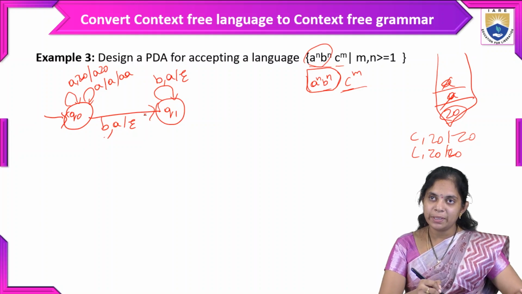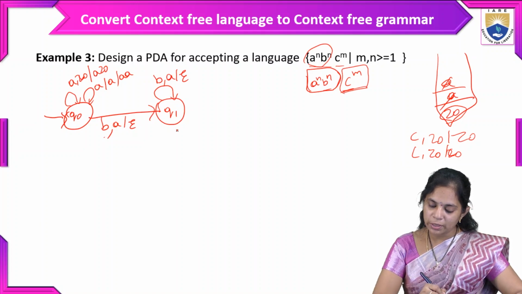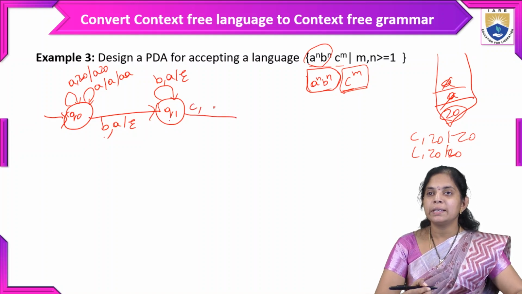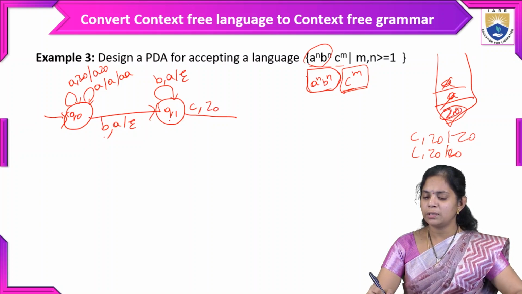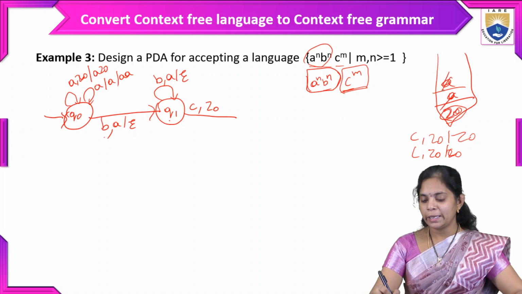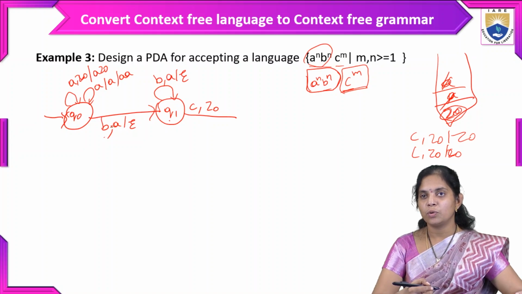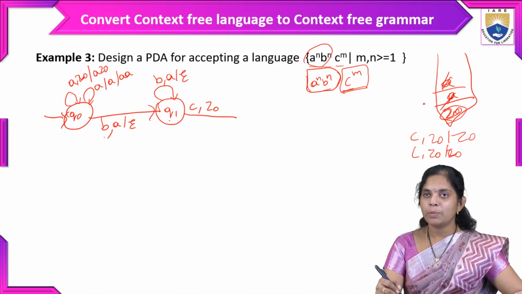So A followed by B is finished, and we need to follow for the C power m. How to design this one? After finishing all this, we have the input symbol C. From the Q1 state, C is the input symbol and the top of the stack symbol is Z0. Why? Because we already popped all the A's from the stack. The number of A's is followed by the same number of B's, so that A is popped, and the only thing left is Z0.